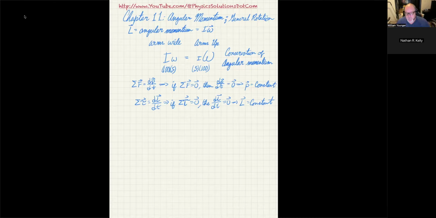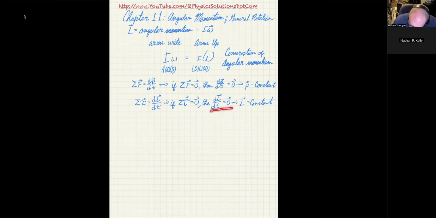Well, guess what? The Newton's second law in rotational motion, as Newton might have given it to us, is the summation of the torques is equal to dL/dt, where L is the angular momentum. Now, again, if the summation of the torques is equal to zero, then this side is zero, and that means this side is zero.